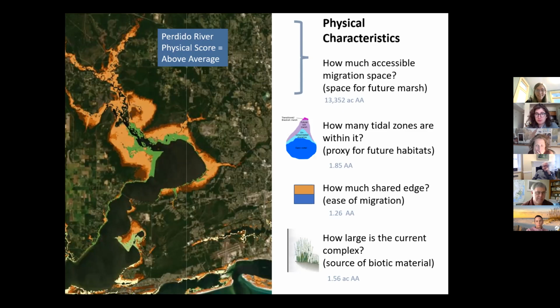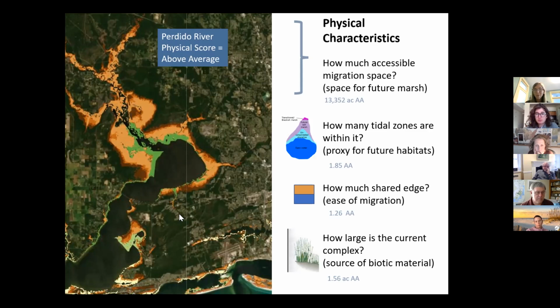So here's an example of an existing tidal complex in green, and its marsh migration space that's available as future marsh or tidal complex in orange, based on the different sea level rise scenarios that you can see in that gradient of orange.